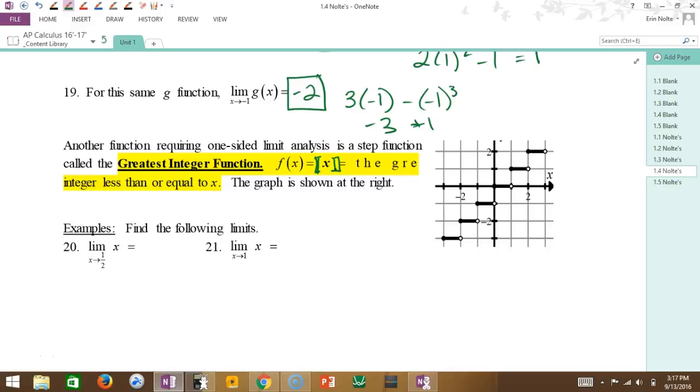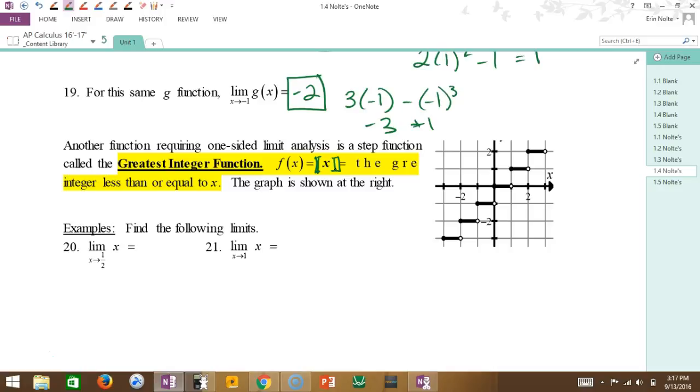Rounds down to 2. Okay, so it's slightly different than rounding. So if I say 2.999999999, that's still 2. Okay, so that's why this looks like a, anybody want to describe that? Staircase. They call it a step function for obvious reasons. Mathematicians are not extremely creative, so very literal. Okay, so that's a step.